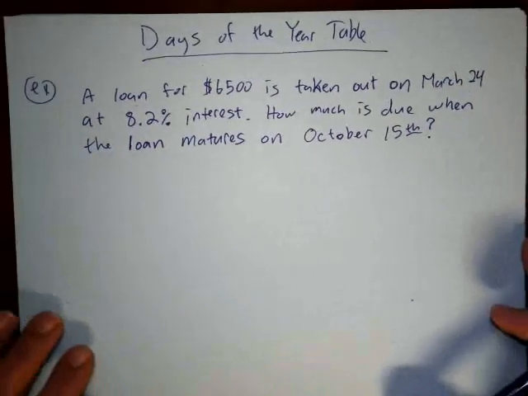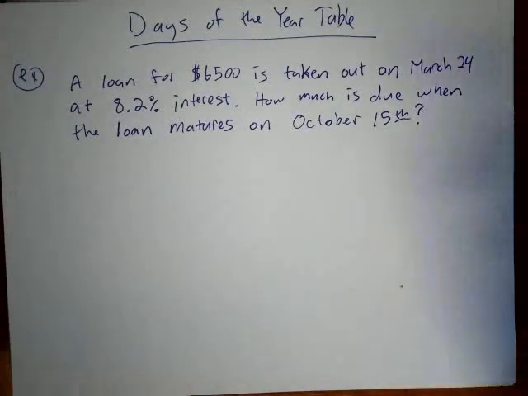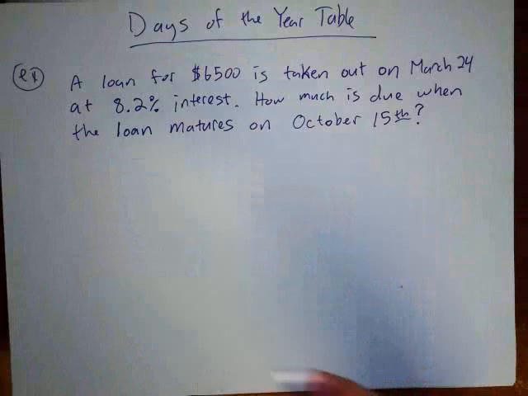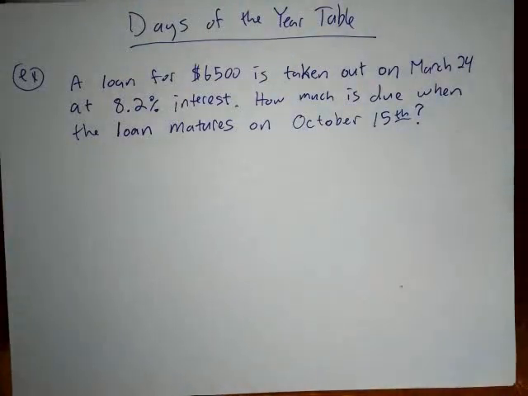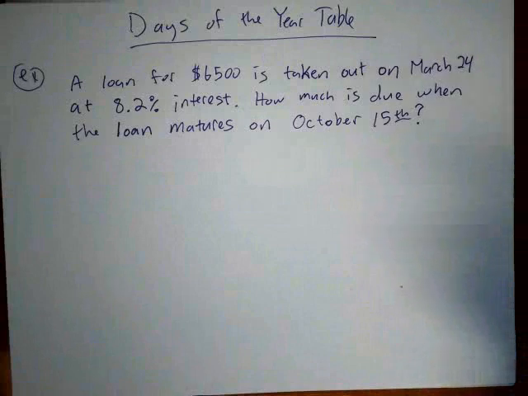So what are we going to do with it? Well, if you look here, I have a problem, and it's similar to the ones we did in the first half of the homework, but now they don't give me how long the loan is. What they do is they give me the day that the loan starts and the day that the loan matures. To say that the loan matures means that's the ending of the loan.